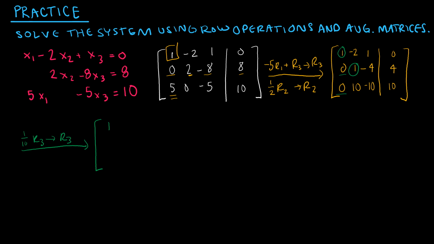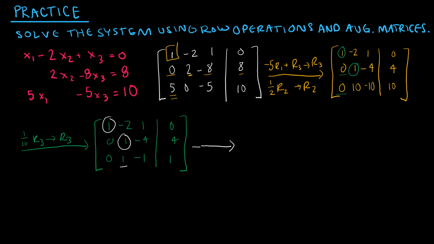And that gives me 1, negative 2, 1, 0, 0, 1, negative 4, 4, and 0, 1, negative 1, 1. So now I again have the ones where I want it. I need this guy to be a 0.